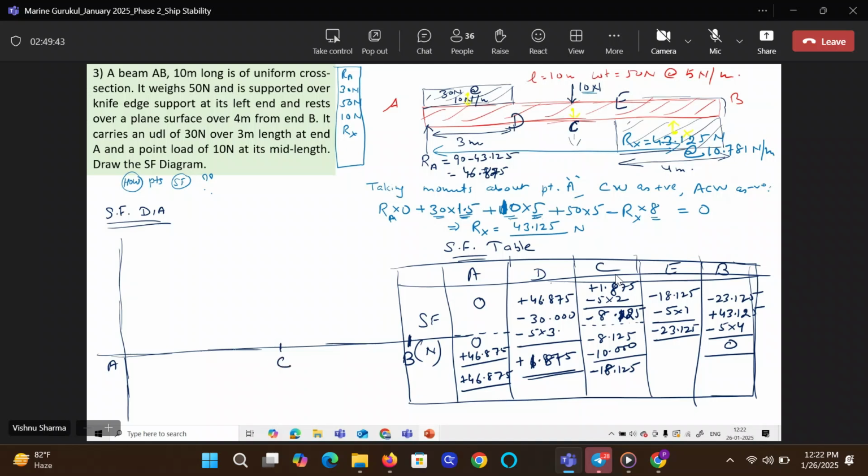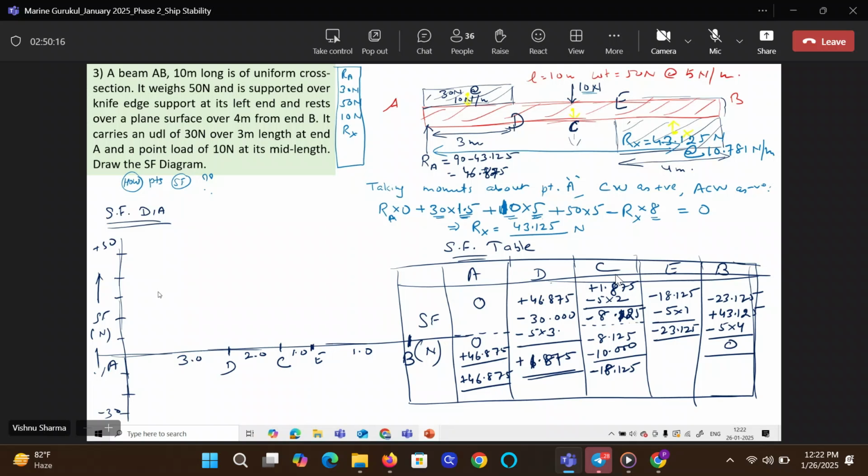Then 2 meters to this side, I have D, and 1 meter to this side, I have E. So this is 3 meters, this is 2 meters, this is 1 meter, this is 4 meters. 10, 20, 30, 40, 50. 10, 20, 30. This is the SF axis. You put the units and calibrate both the axes.